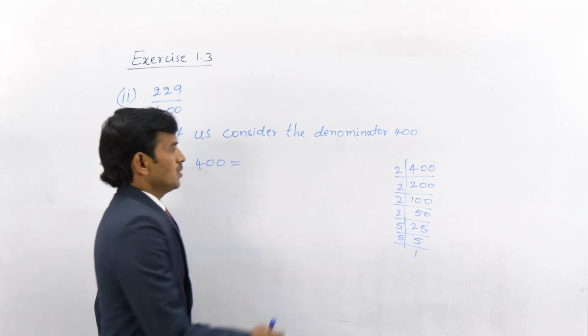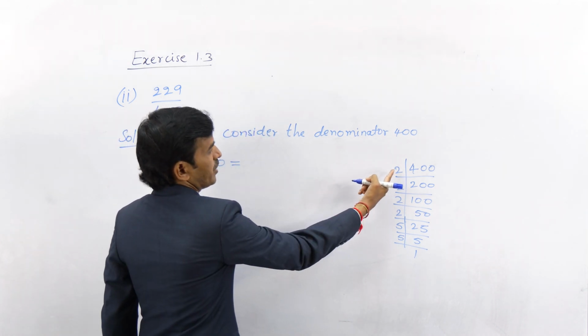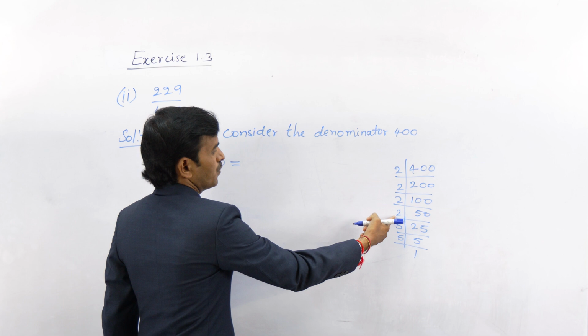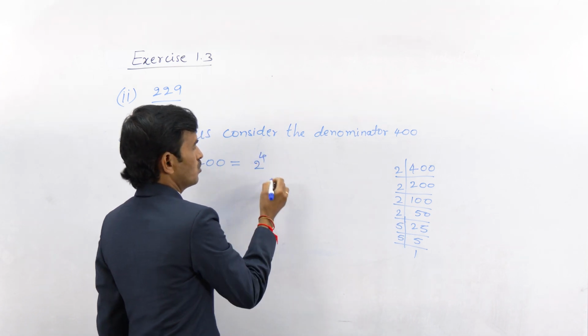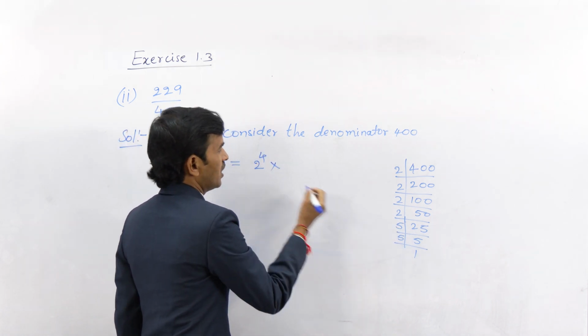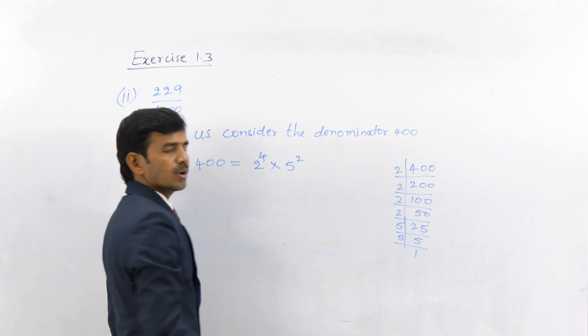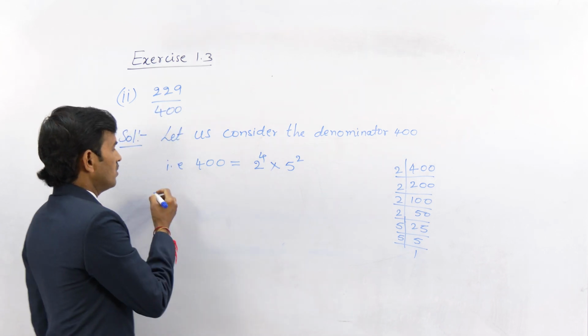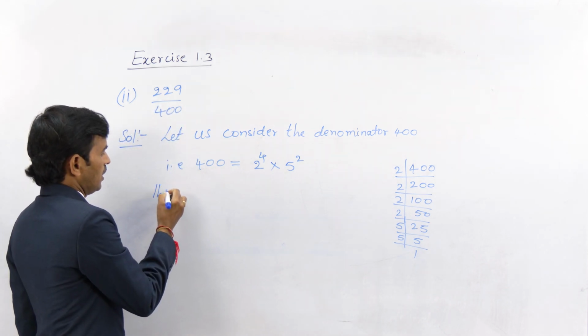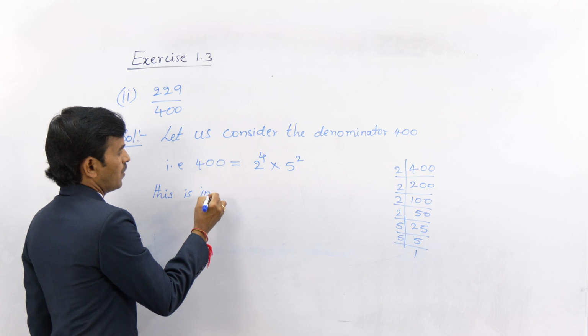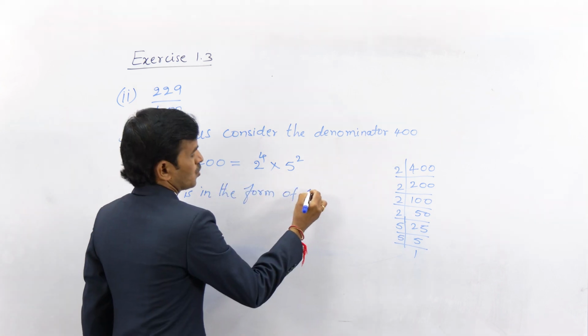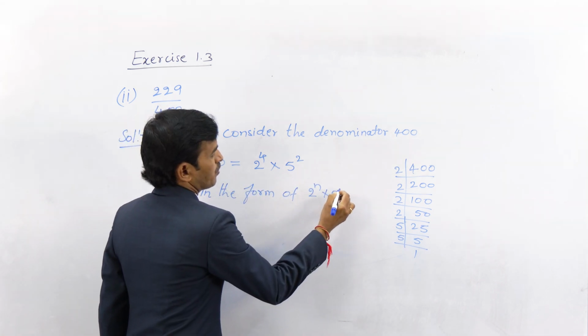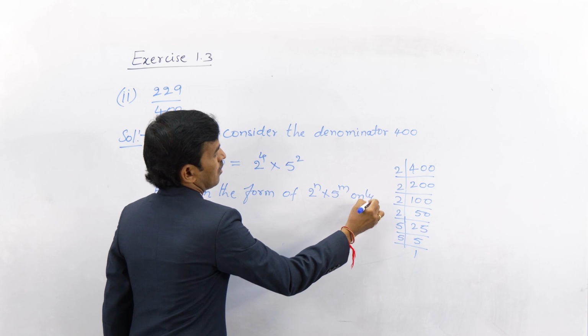Now how many times is 2 repeated here? 1, 2, 3, 4 times. So it can be written as 2 power 4, and 5 is repeated twice, which can be written as 5 power 2. So now this is in the form of 2 power n into 5 power m only.